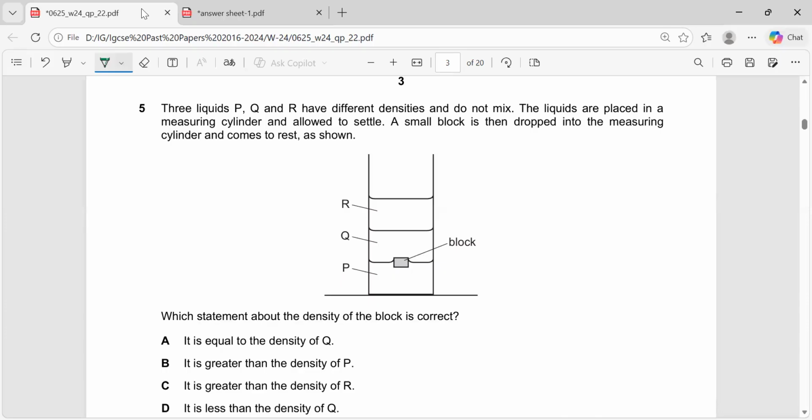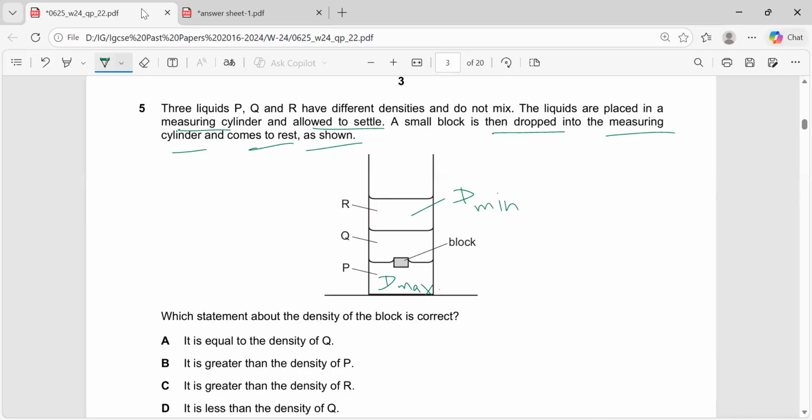So the liquids are placed in a measuring cylinder and allowed to settle. A small block is then dropped into the measuring cylinder and comes to rest as shown. Now, one thing is crystal clear: P has the maximum density. That's why it is at the bottom. And R has the least density, the minimum density.